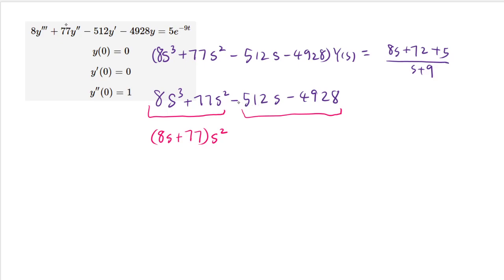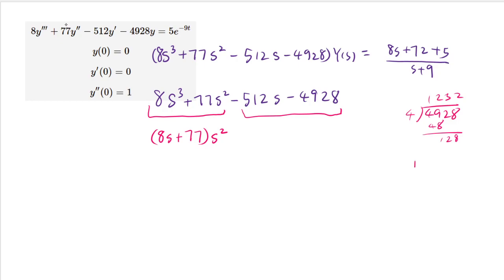And then for this one, I think this 4928 is divisible by 4 at least. So let's see, 4928 divided by 4. 12 will be 48. 12 is 3. And then 4 times 2 would be 8, right?